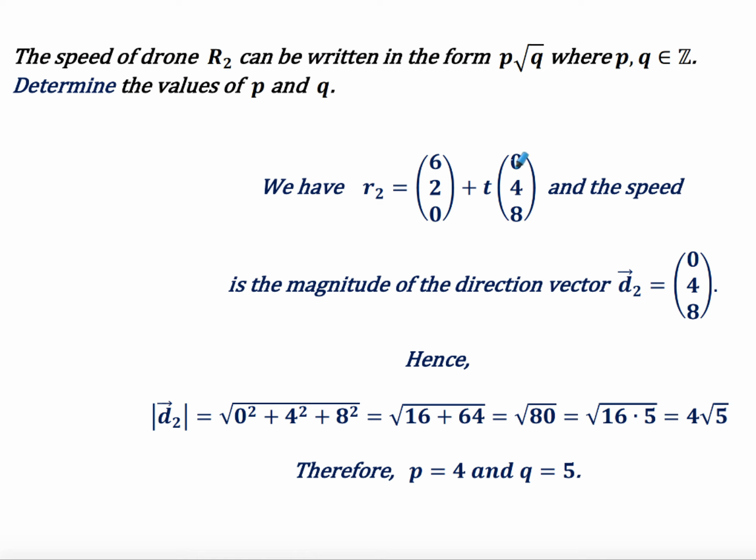And we saw previously that the square root of the x squared plus the y squared plus the z squared ends up being the length of that particular vector. That's root 80, better known as 4 root 5. So we've actually shown in a P root Q form that P is 4 and Q is 5. Pretty straightforward stuff. Again, your main takeaway is that the magnitude of that direction vector is what answers the question about speed.